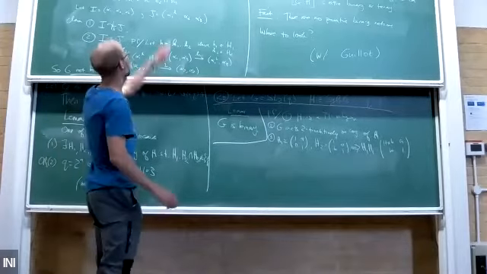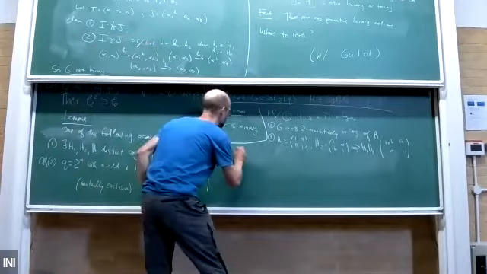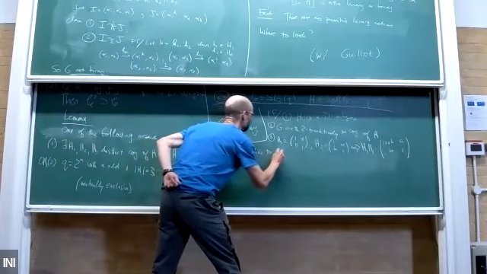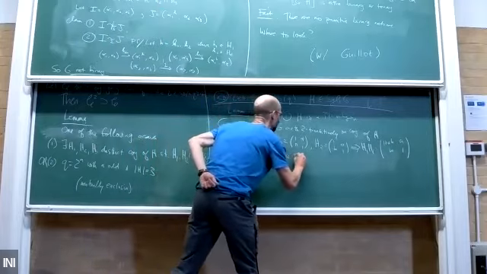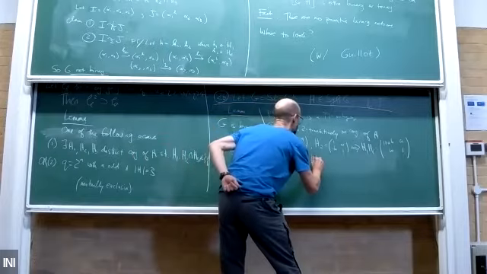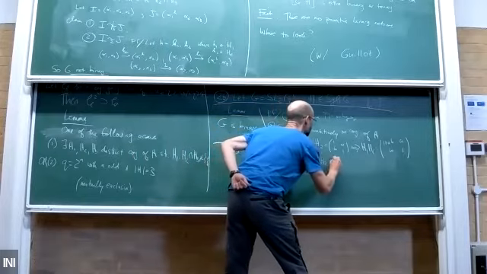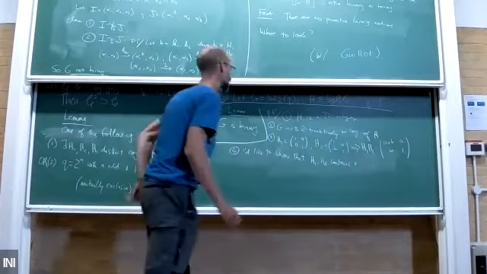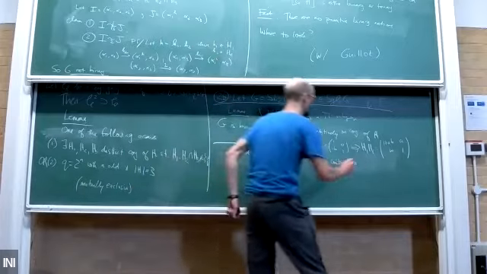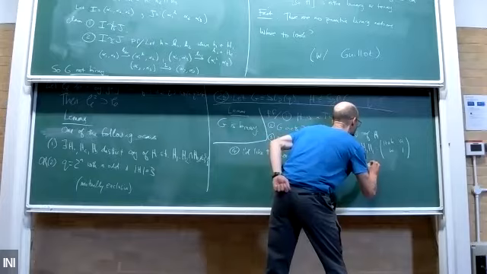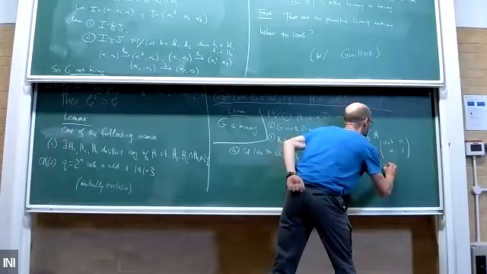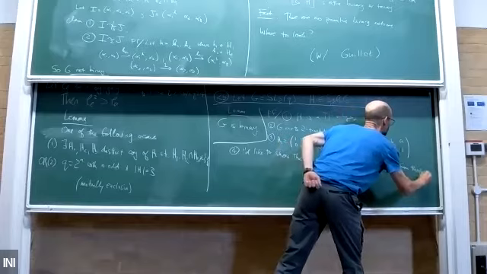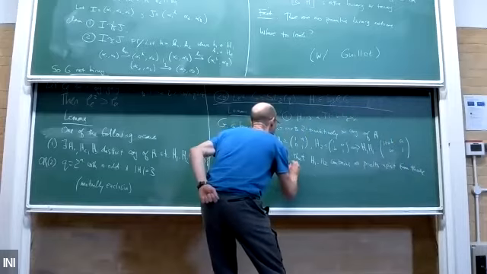And then I'd like to show that this H1 times H2 contains no p-elements apart from those in H1 and H2 themselves.